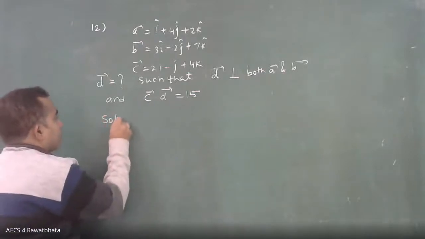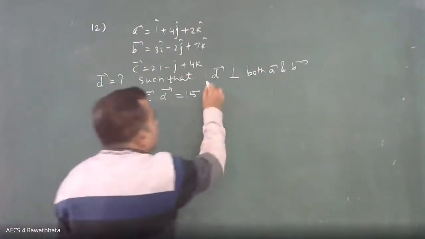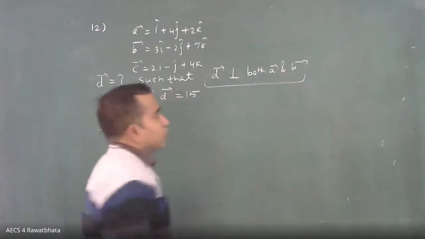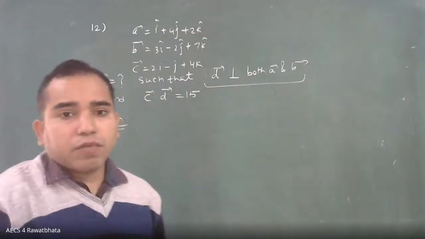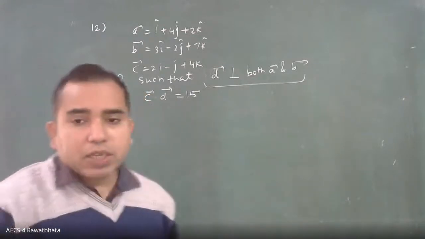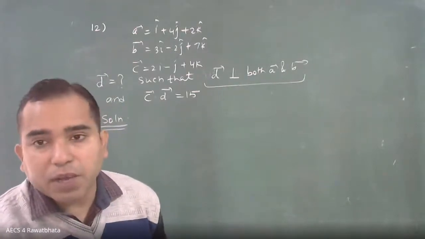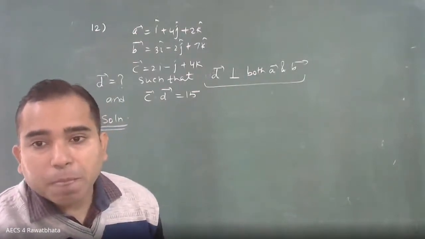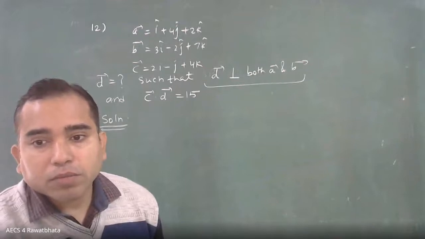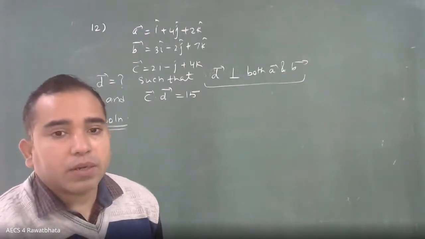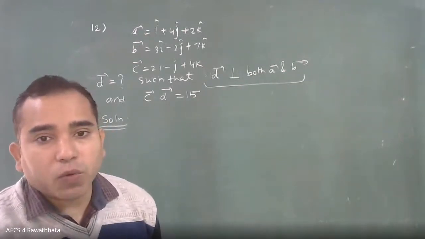Now you tell me what information we can conclude from this, that D vector is perpendicular to both A vector and B vector. Anyone in A and B section? Dot product is 0.